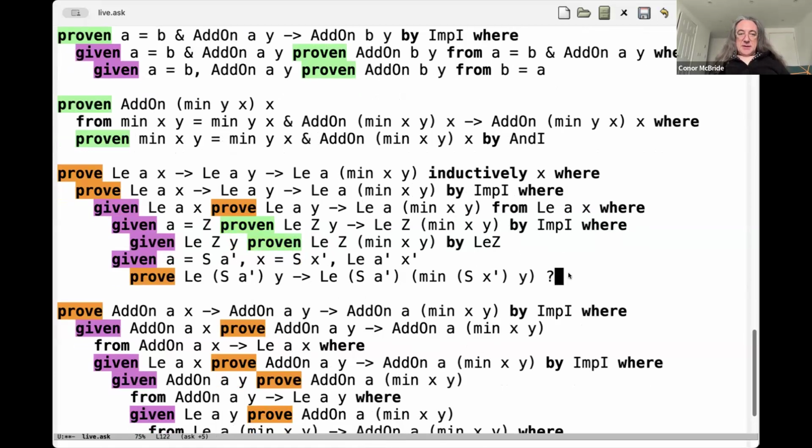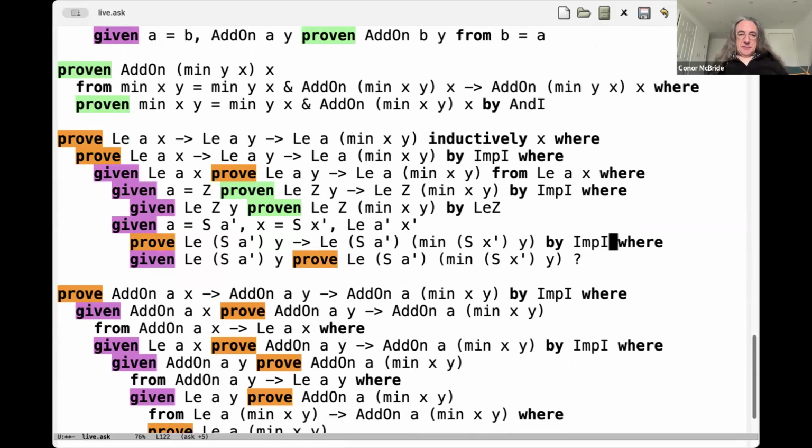Okay. So now what happens? Well, I think I'm going to make use of this fact. Right. So what's going to happen? What does this tell us that's going to help?